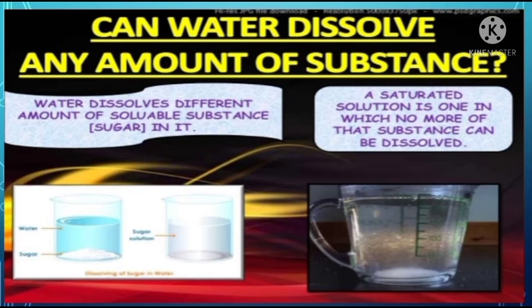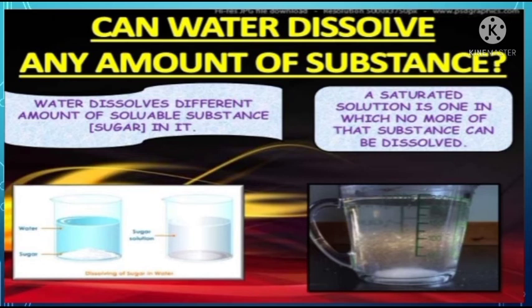Suppose a solvent cannot dissolve more than a particular limit of a substance. Such a solution is called a saturated solution. A saturated solution is one in which no more of that substance can be dissolved.